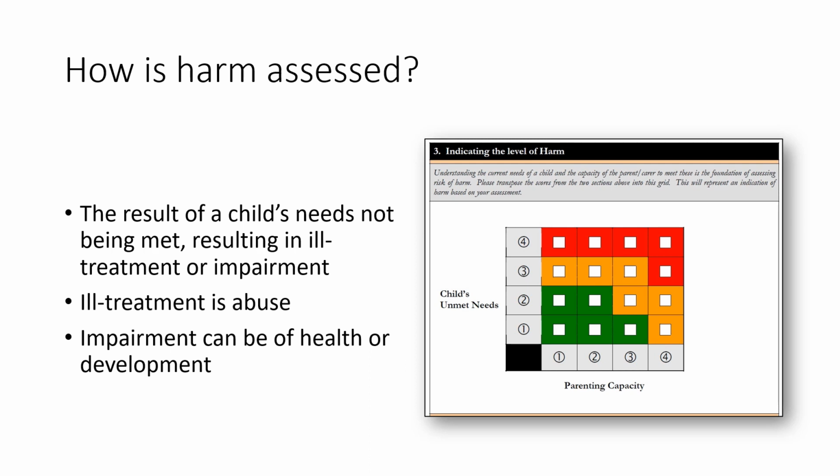Green signifies that there is little indication of harm, meaning not much harm. Amber is an indication of harm, meaning that harm is suspected. Red is a strong indication of harm, meaning that the evidence that there is harm is very clear.